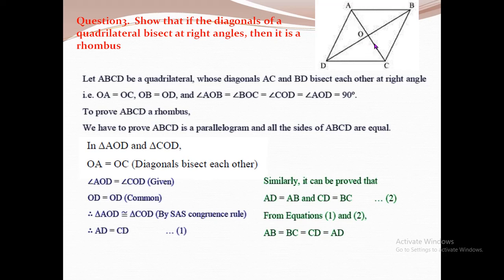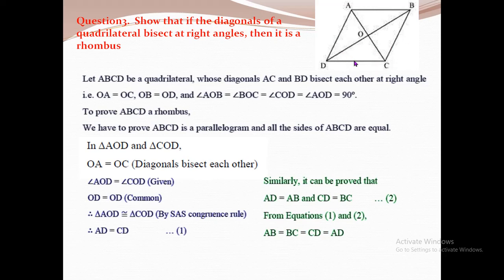By these corresponding equal parts, we can prove that consecutive triangles are congruent. Then automatically sides are equal.